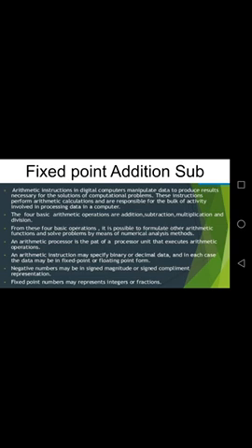The four basic arithmetic operations are addition, subtraction, multiplication, and division. From these four basic operations, it is possible to formulate other arithmetic functions and solve problems by means of numerical analysis methods.